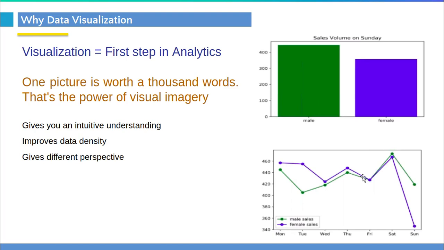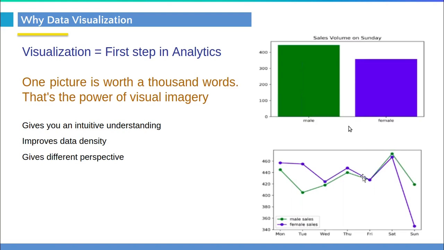It gives intuitive understanding, and it improves the data density. It gives a clear understanding of the perspective we are trying to present. For example, here it is sales. If I say that this many customers were male and this many were female, the theoretical understanding may not be caught easily. But if somebody shows it like this, where green is male, you can easily identify it without even talking.